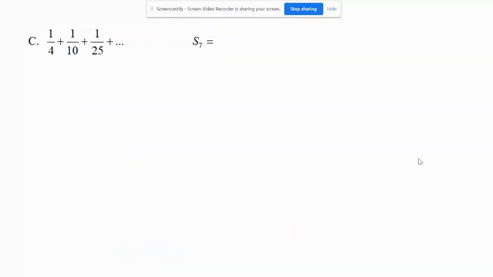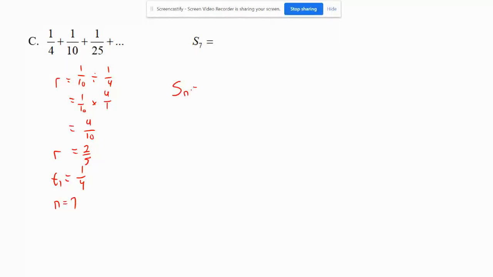All right, similar idea for this question over here. A bit more work. What's going to be our common ratio here? So our ratio is, if I divide this by this, 1/10 divided by 1/4 is 1/10 times 4 over 1, which is 4 over 10, which is 2/5. This is our common ratio, okay? We know that T1 equals 1/4, and we know that N equals 7 because we're looking for S7 here.